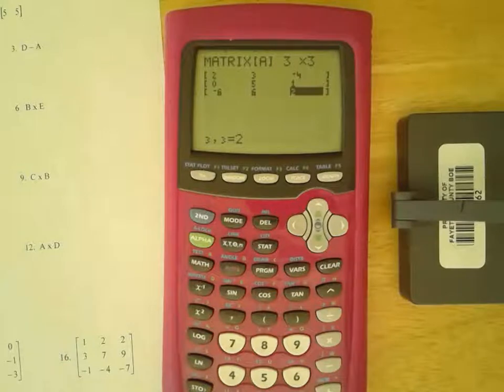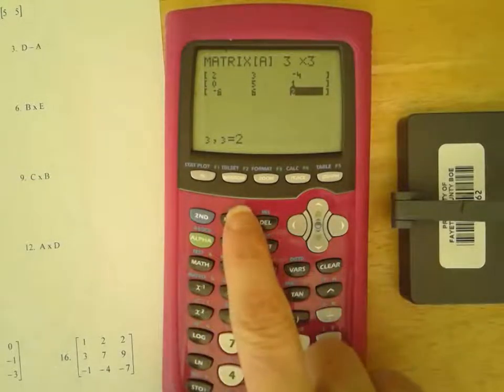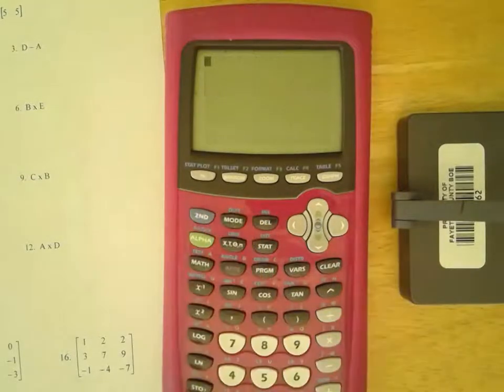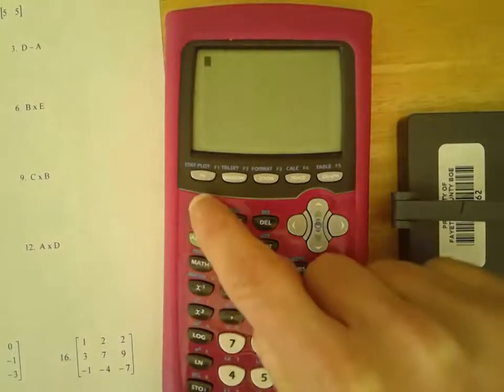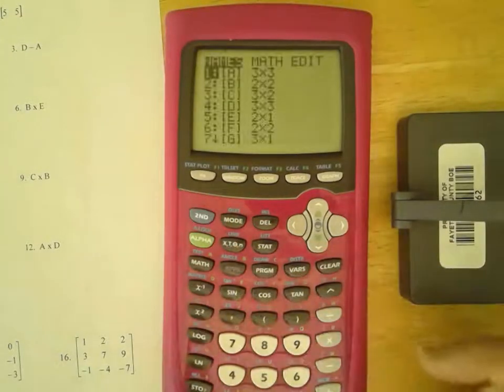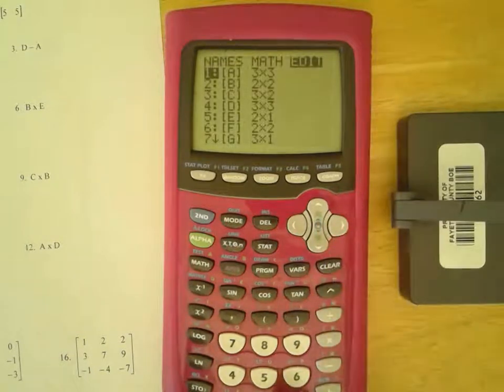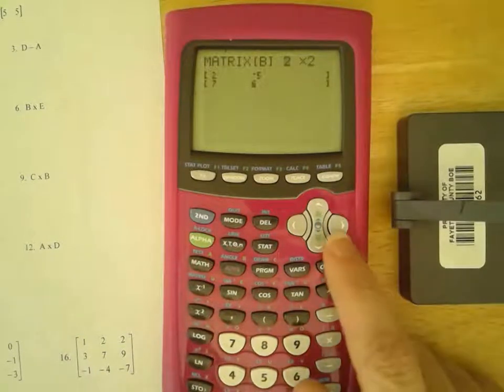Okay, from this screen, to go back to enter matrix B, you have to quit out of matrix A. And the way you do that is you hit second and mode, takes you back to a normal window. And now we go back in and enter matrix B. So second, inverse, arrow over, choose 2.